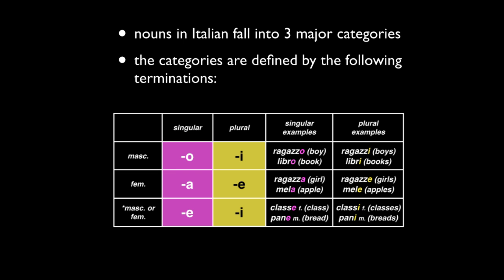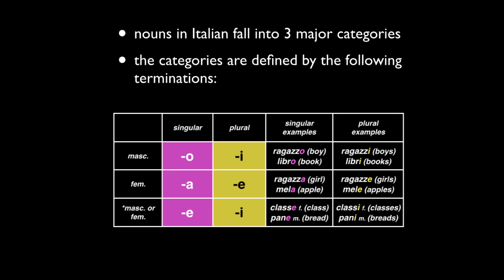And basically, to make the plurals of these, you drop that ending in the pink or the magenta there, and you add what's in the yellow to make it plural. So if you want to take a ragazzo and turn it into ragazzi, you want to go from boy to many boys.